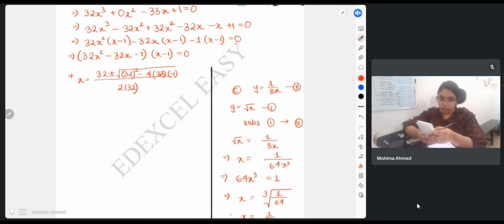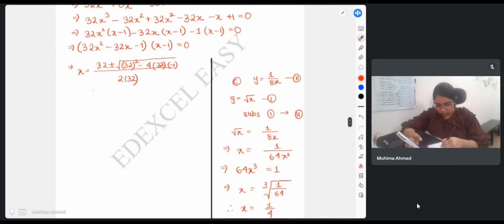Now if you do the formula over here, you're going to get 32 minus 32 minus 1. Wait, I made a mistake. 32 minus 32 minus 1. So you get 4 plus 3 root 2, over 8. And the other value is 4 minus 3 root 2, over 8.